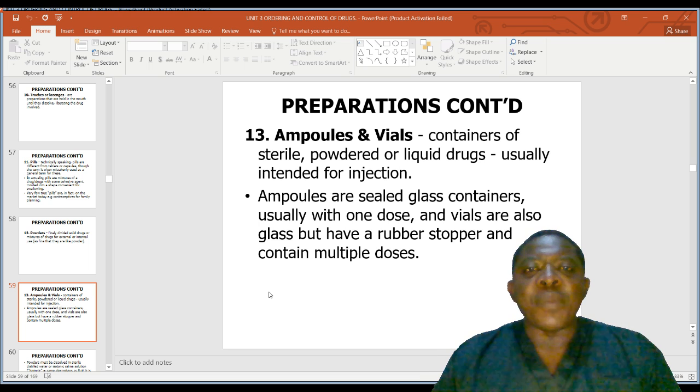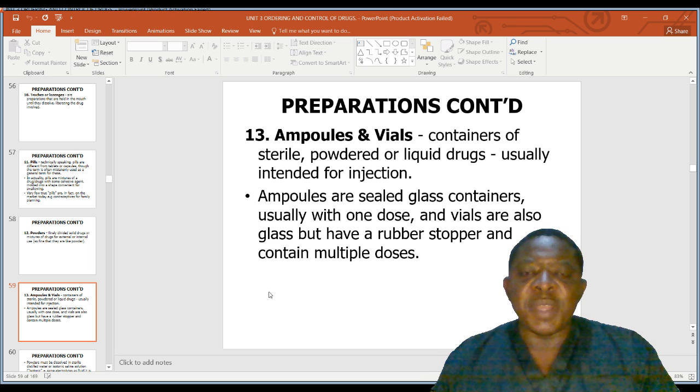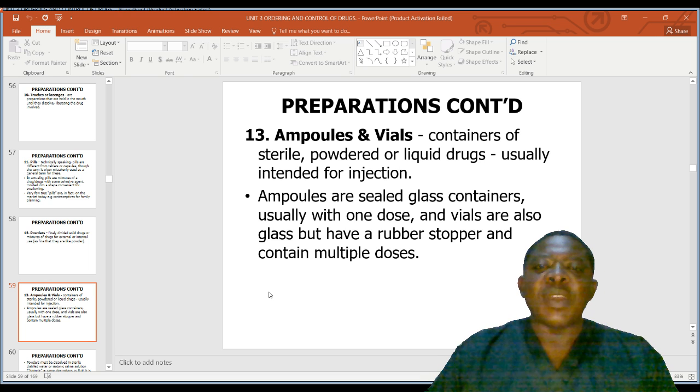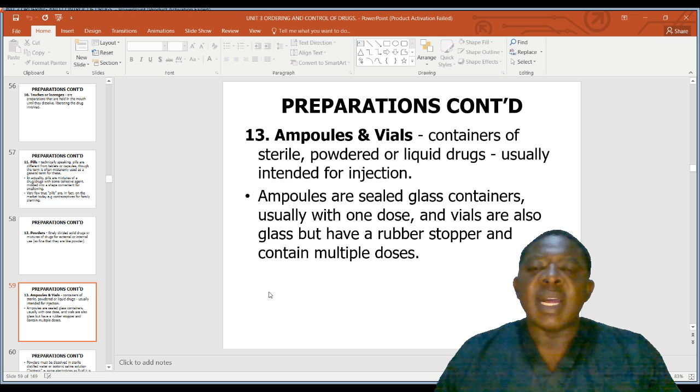With an ampoule, you just give one dose from it, you open it. But with vials, you have a rubber stopper on top from which you can withdraw the drug and give it, and the rubber will remain there securing the drug.